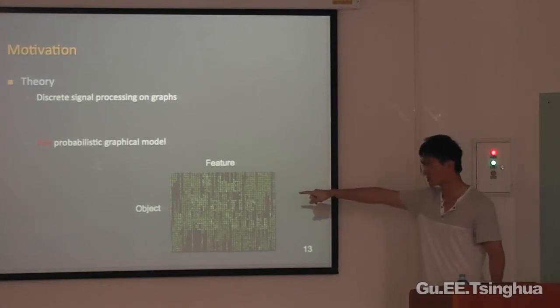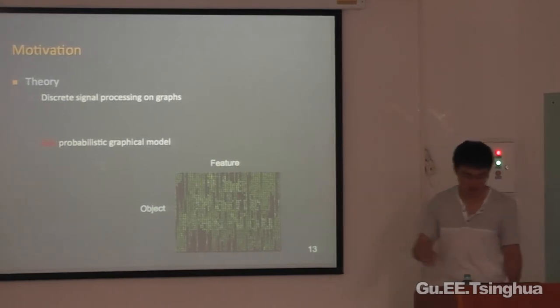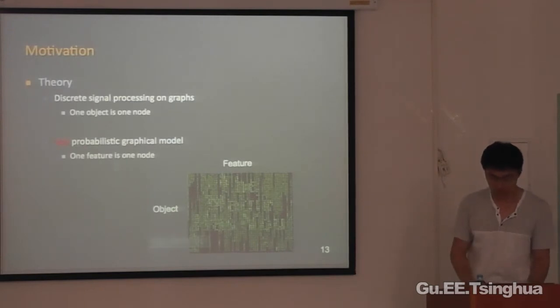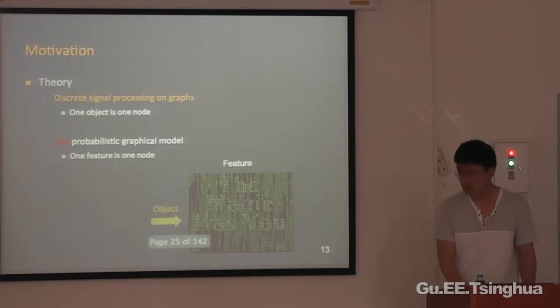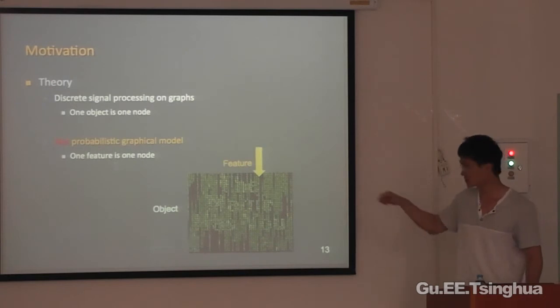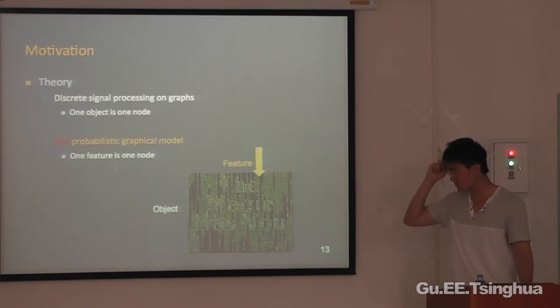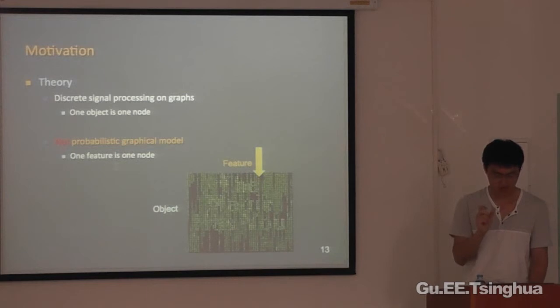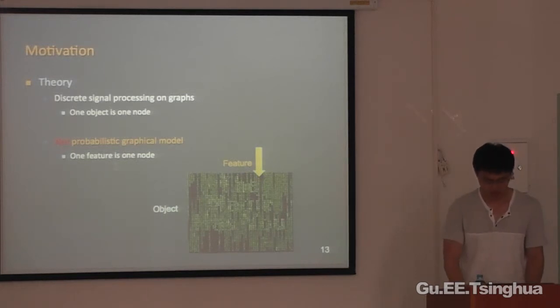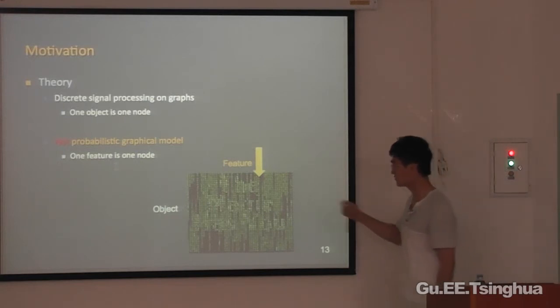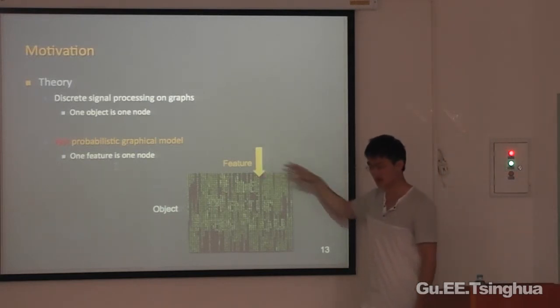Another view is, if you get a data matrix, the rows are objects and the columns are features. DSP on graphs considers each node as one object, while in a probabilistic graphical model, each node is one feature. So we view things from the row, instead of from the feature. There is a lot of conflict in the concepts of network and graph.